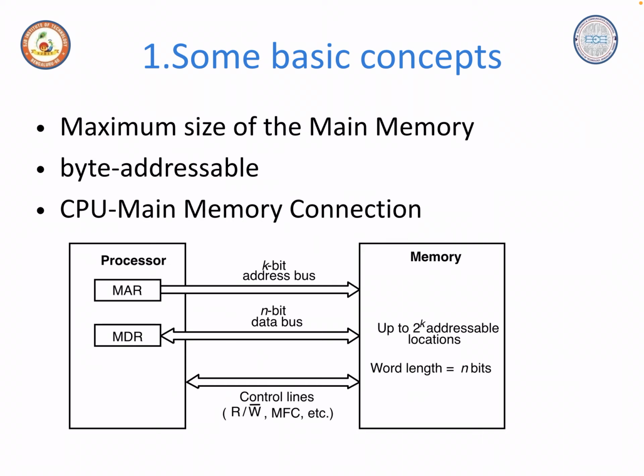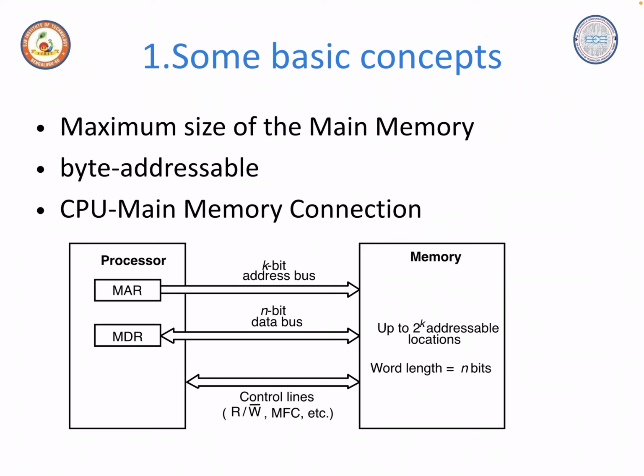This is a basic connection diagram which shows the connection between memory and the processor. One more important concept you need to know is the address bus. The address bus depends upon the number of address locations you have. If I have a k-bit address bus, you can access address locations up to 2 power k.